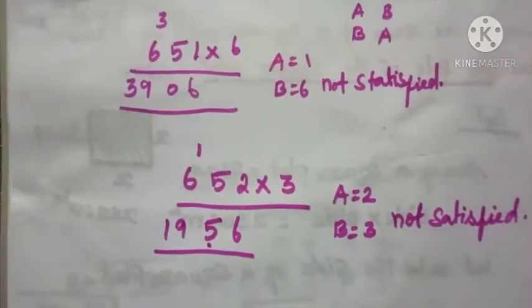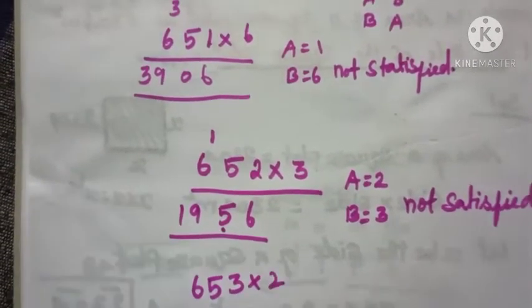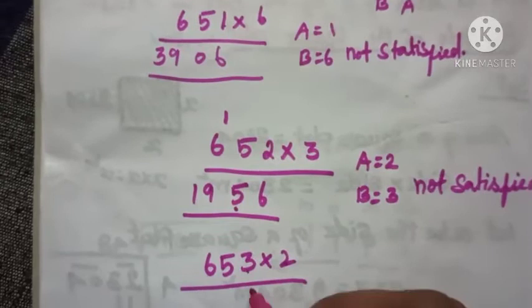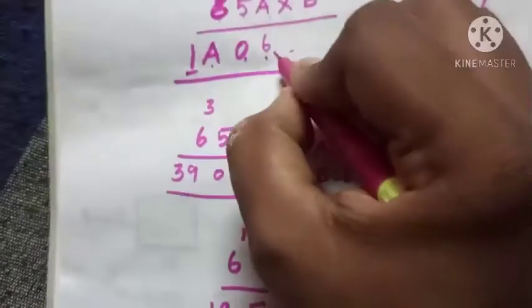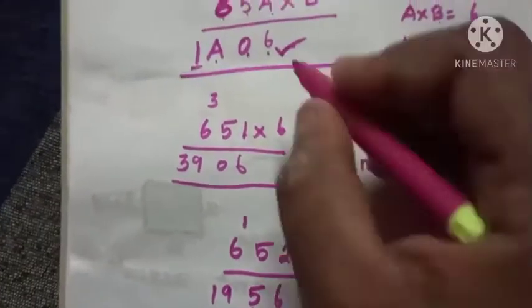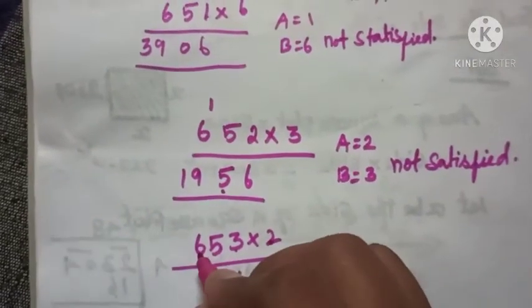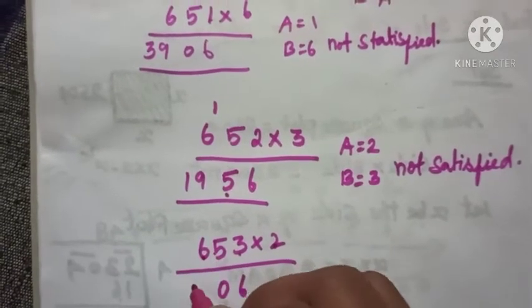So I change it: 653 into 2. Now 2 3s are 6, in the unit place we got 6. 2 5s are 10, 0, so we got 0. And then 2 6s are 12, 12 plus 1 is 13.